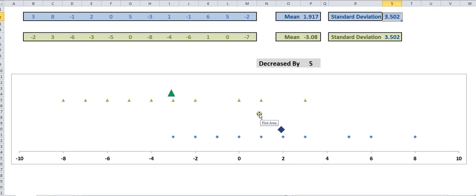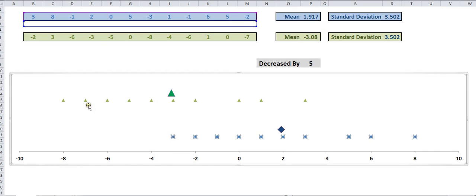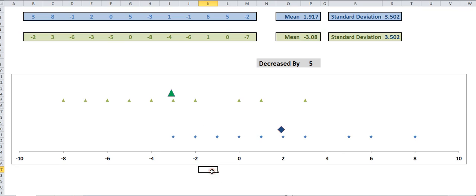Well, let's think about this. If the average was shifted down 5 units, and each data point was shifted down 5 units, has any distance relative to the average changed? And the answer is no.